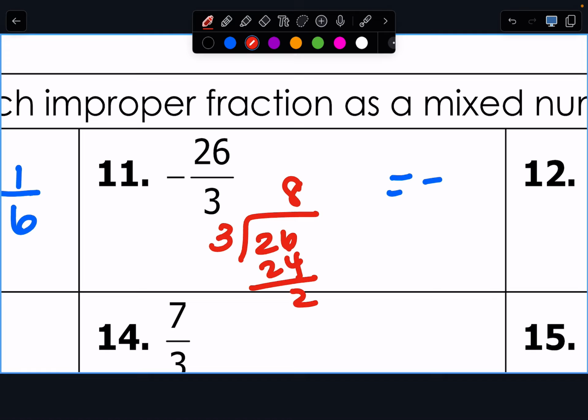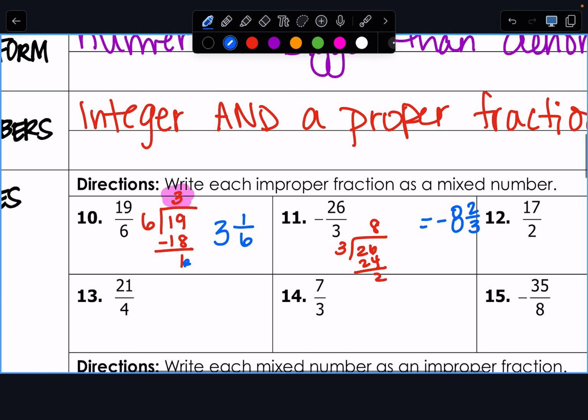Okay. So what's our integer? 8, and 2 left over. Negative 8 and 2 thirds.